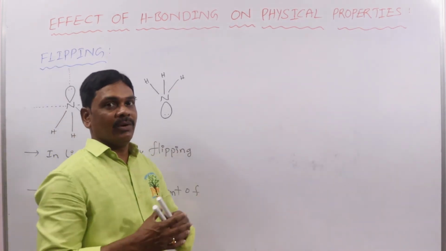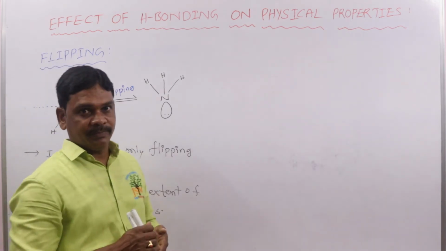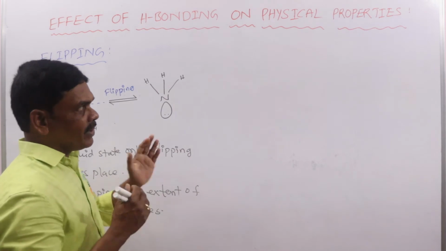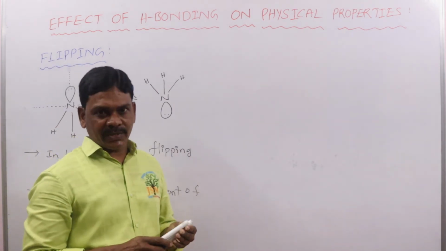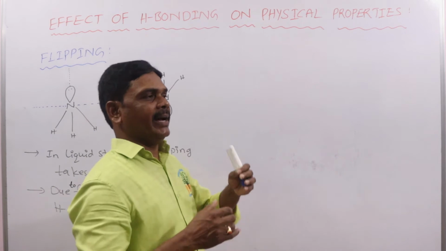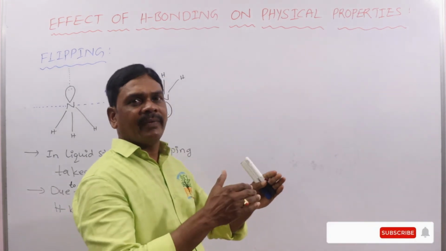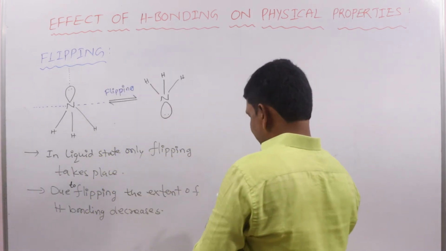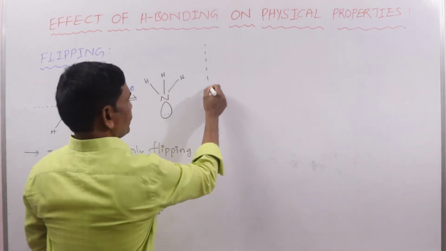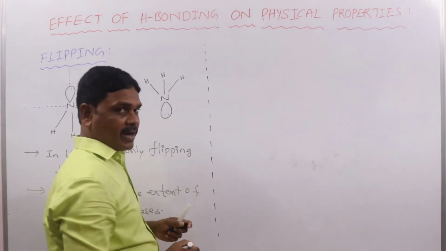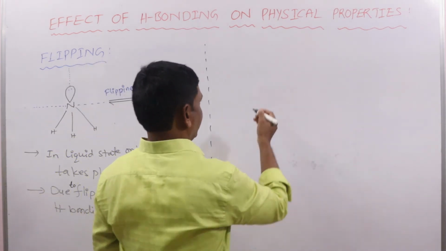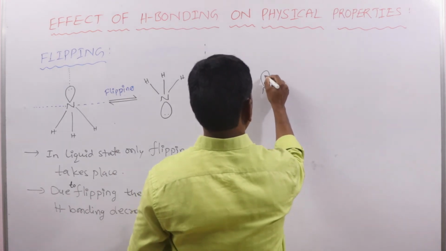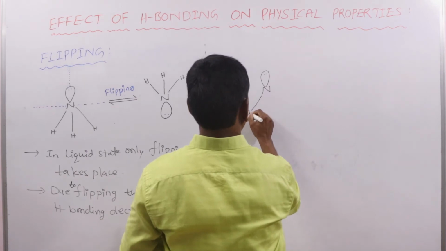In the water molecule, flipping is not possible, because in the water molecule the bond angle is less and the hydrogens are far away from the plane. So now I am comparing the ammonia and water molecules. In ammonia, we know that there is a lone pair and 3 hydrogens.